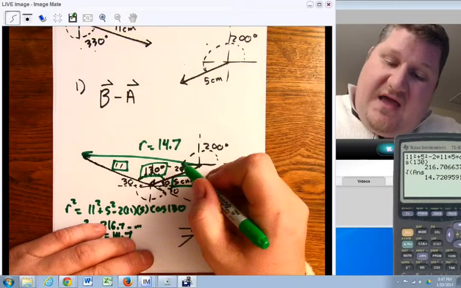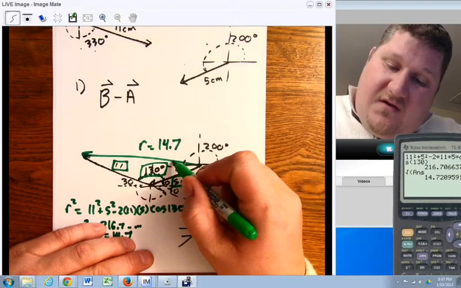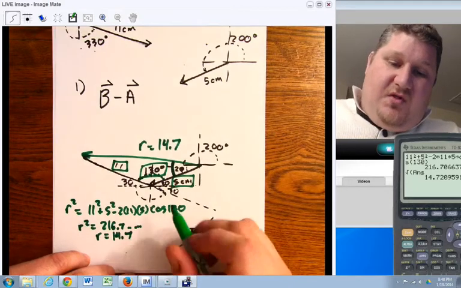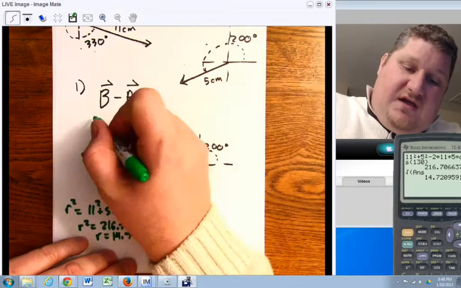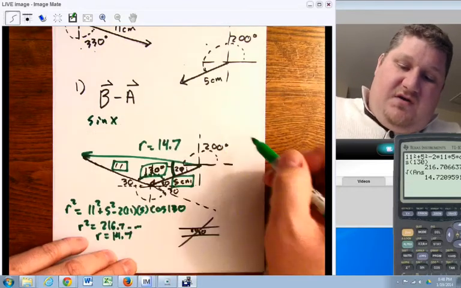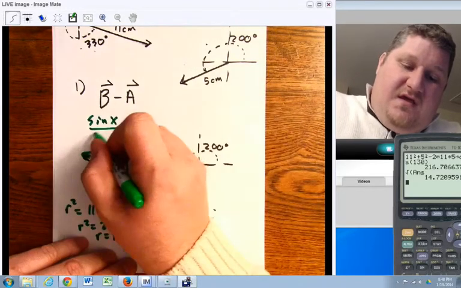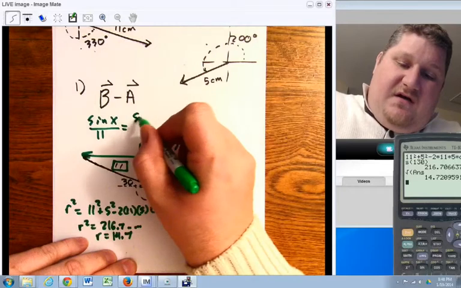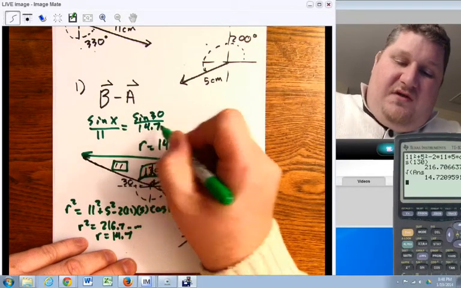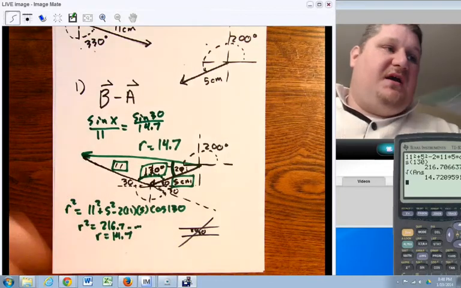To do that, I need to find this angle in here. So I'm going to set up a law of sines, and I can say sine of x, which is what I'm looking for, is across from 11, as sine of 130 is across from 14.7. I'll plug it in and be back in a moment.